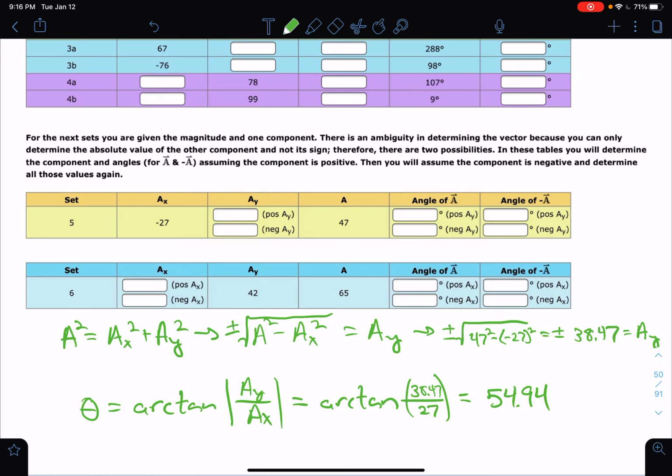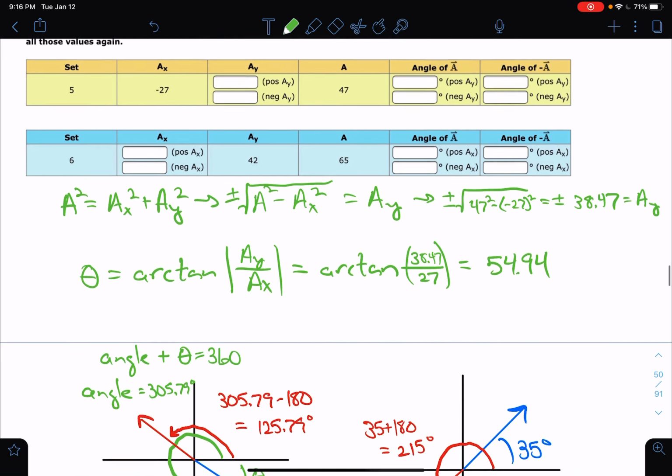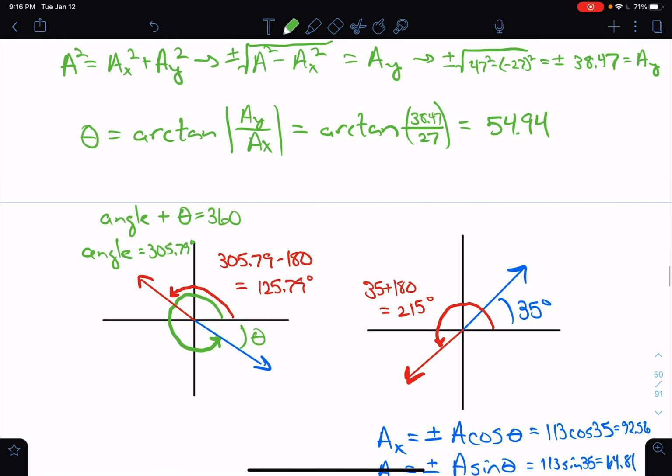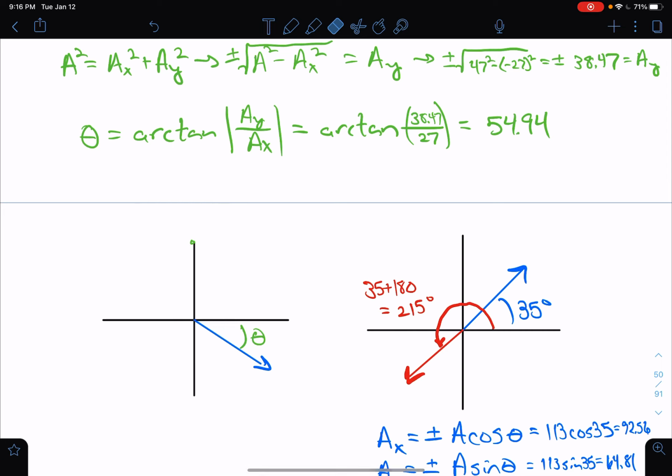There are two possibilities here for my vectors, and let me show you. So let me erase all this. So let's see, I've got a negative x component, and I could have a positive y component.